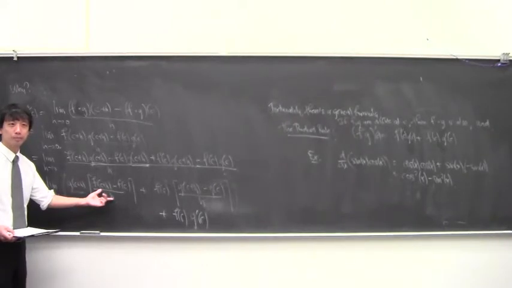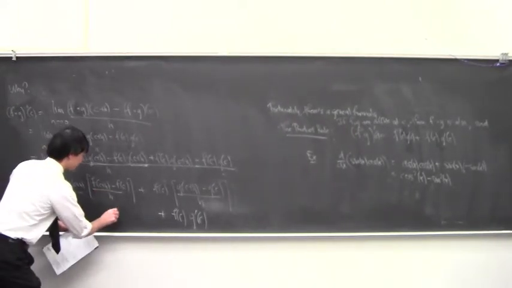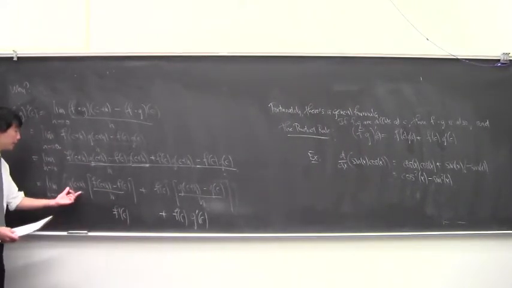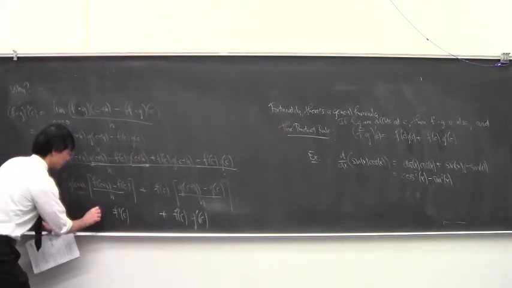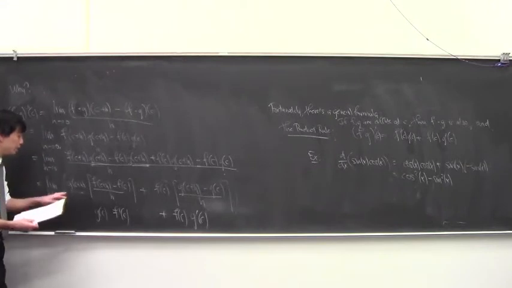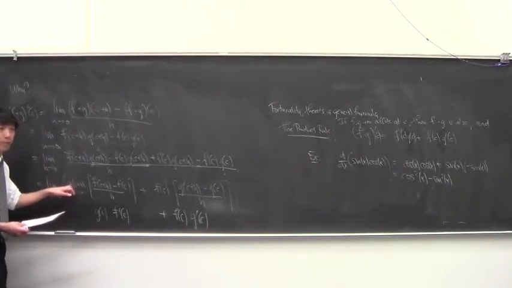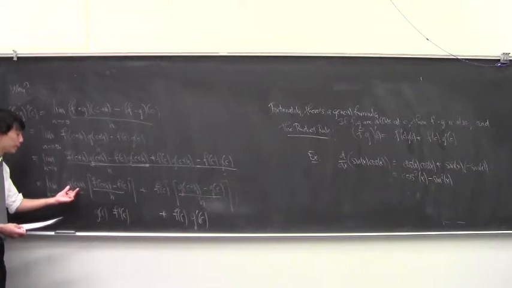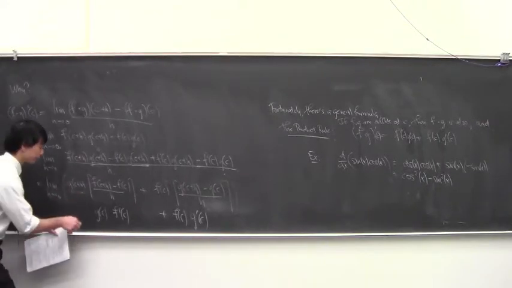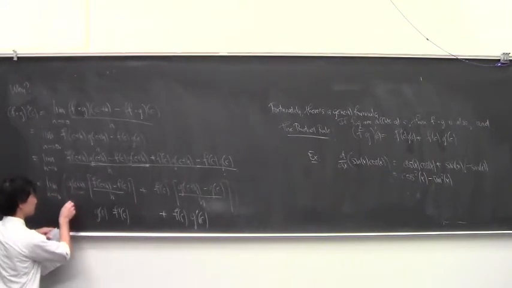It is f prime. And what happens to this thing, g of c plus h? g of c, because g is continuous at c. The limit as h goes to 0 is going to become g at c itself. So we actually use the continuity of g here.